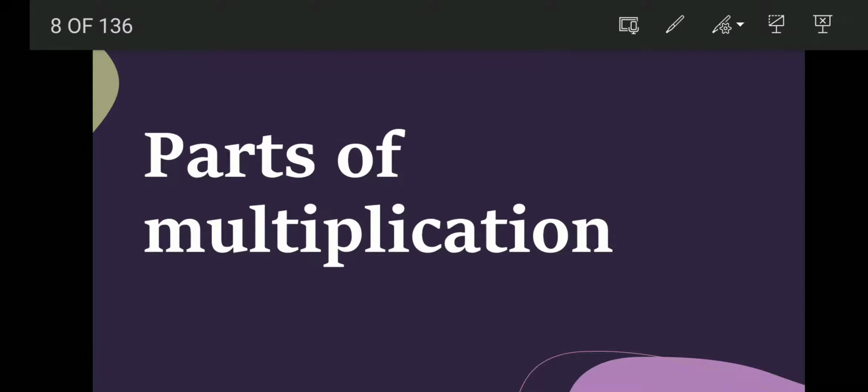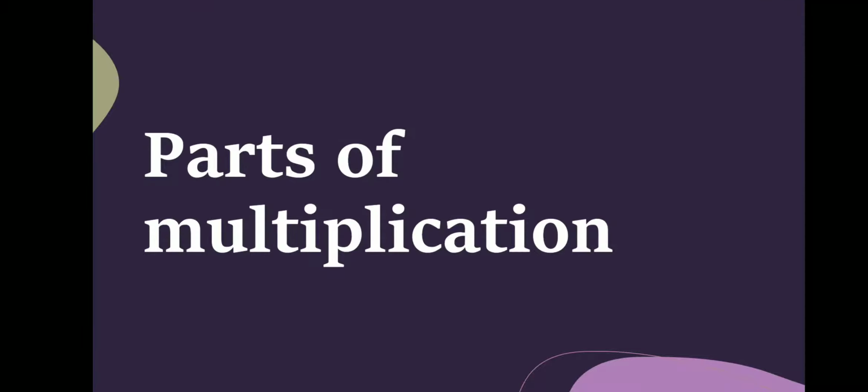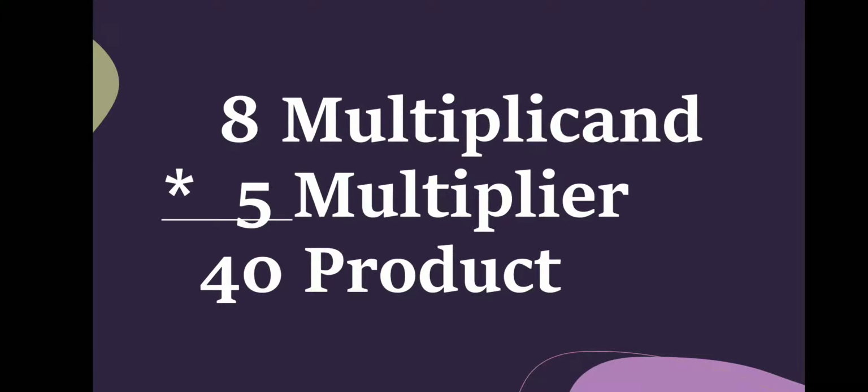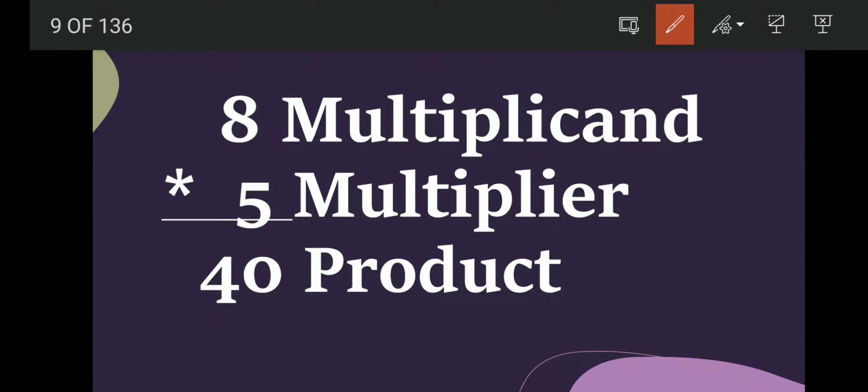Parts of multiplication. There are 3 parts of multiplication: multiplicand, multiplier and product. Now here you can see 8 multiplied by 5 gives a result of 40. 8 5s are 40.